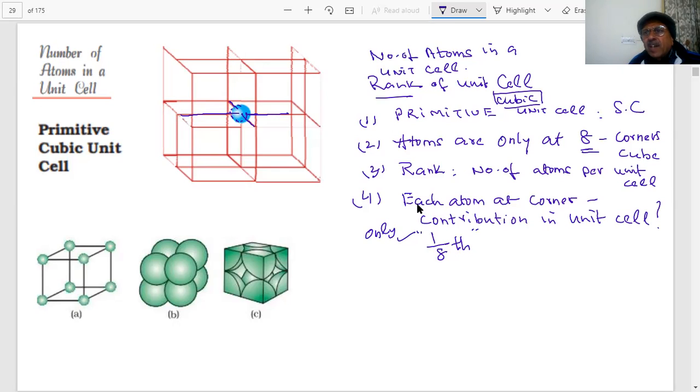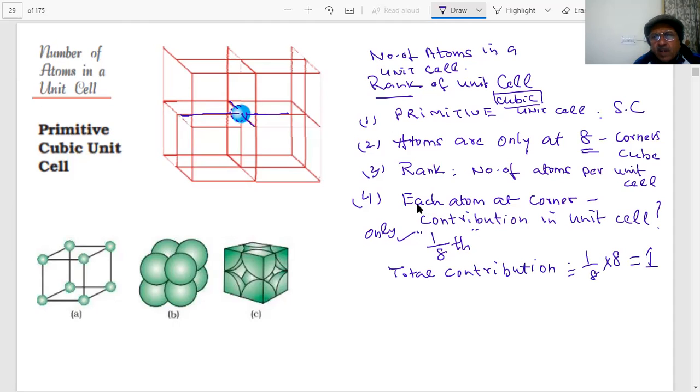So if only 1/8 part is present, how many corners are there? 8. The contribution of one corner is 1/8. Each atom at the corner contributes 1/8. So total contribution, students: 1/8 into 8. How much will that be? 1. So 8 into 1/8 is 1.